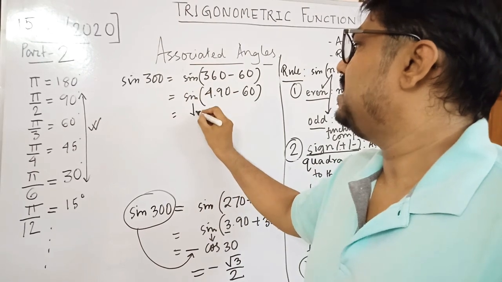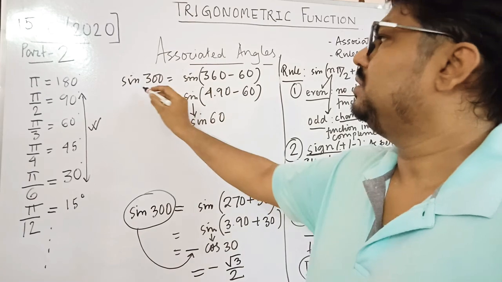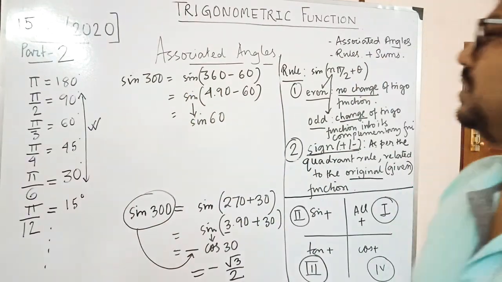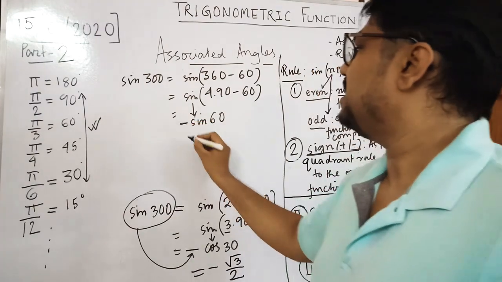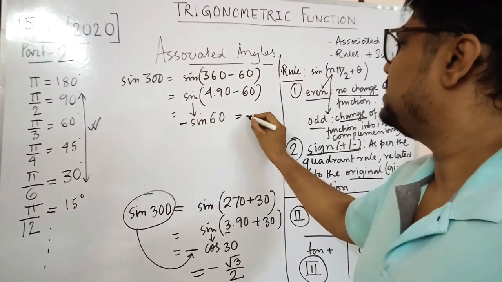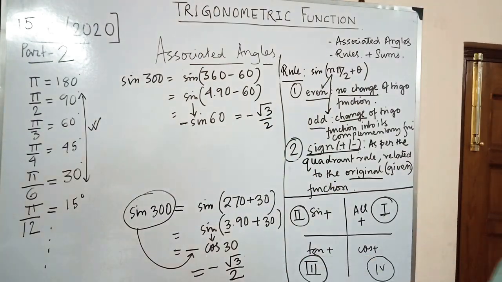Thereby the function will not change. And this is actually negative, so you put a minus sign over here. So minus sine 60 means minus root 3 by 2. That means you are getting the same value whichever process you go for.